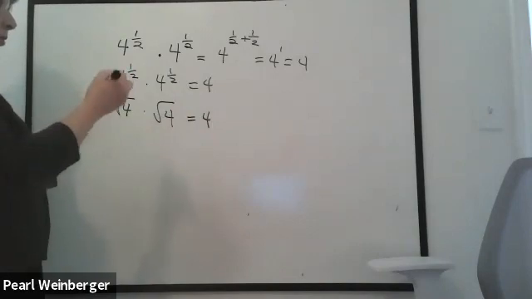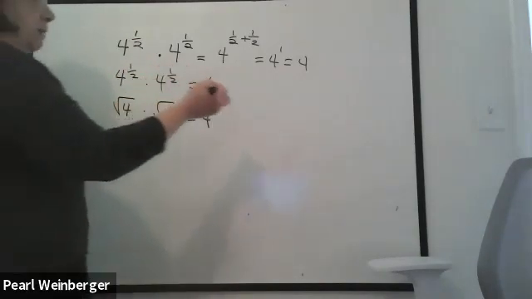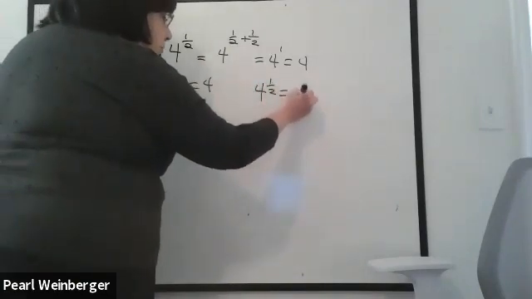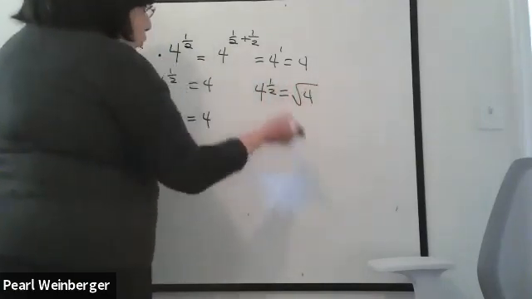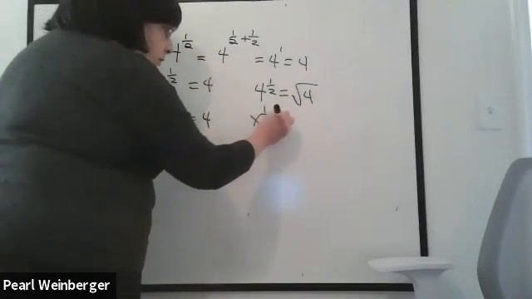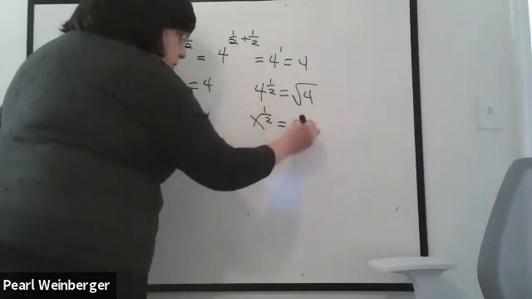In other words, it seems to me that it makes sense that 4 to the 1/2 should really mean the square root of 4. Or in general, x to the 1/2 means the square root of x.